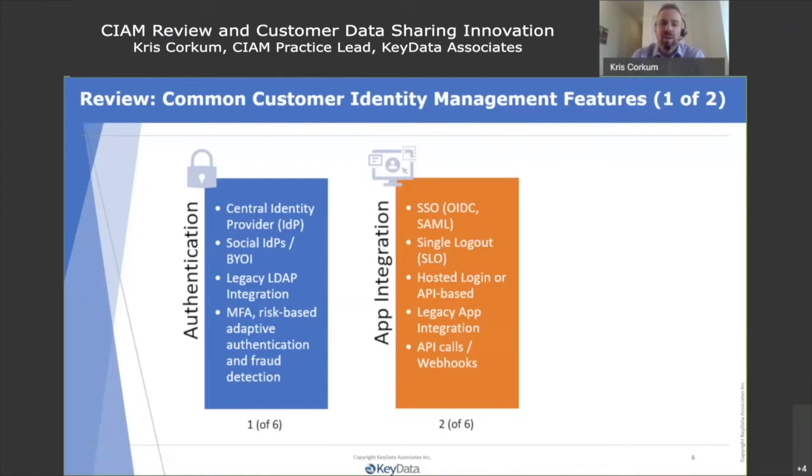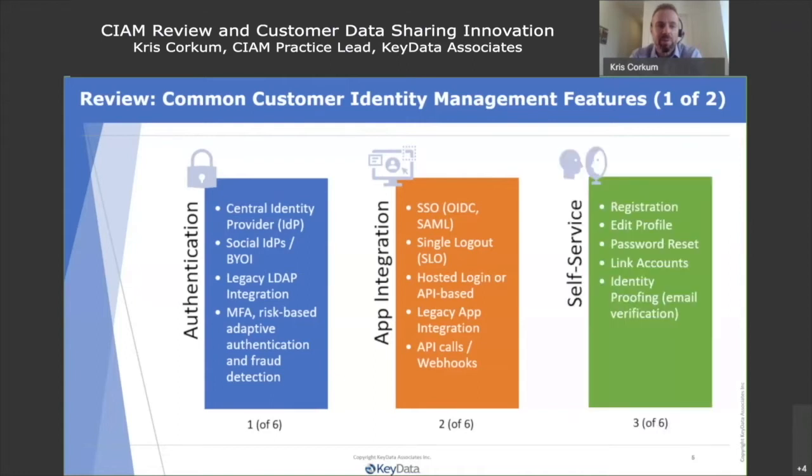This is really, CIAM platforms are usually orchestrating single sign-on and single logout for customers across multiple applications, using modern authentication protocols like OpenID Connect and in some cases SAML. But more and more applications are integrated using OpenID Connect as the de facto industry standard, and that's certainly always our recommendation. I'll skip over the next ones there. I think we covered these as well.